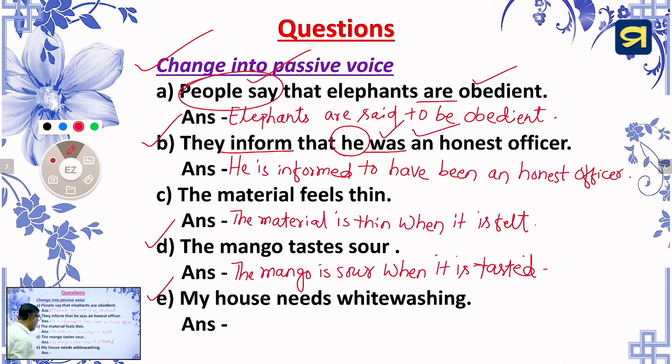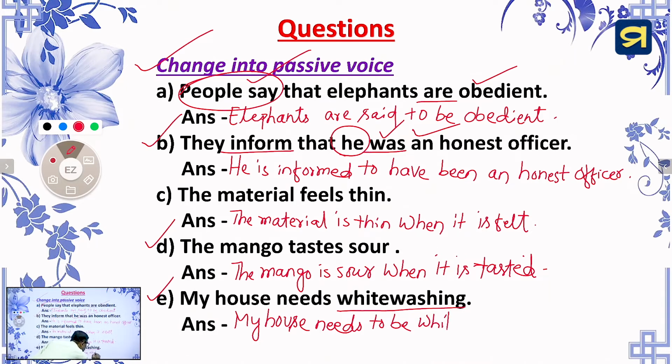Then, my house needs washing. Here, washing is used as what? Gerund. Change it. Very good. My house needs to be followed by the third form of the verb, whitewashed. Okay? Did you understand?